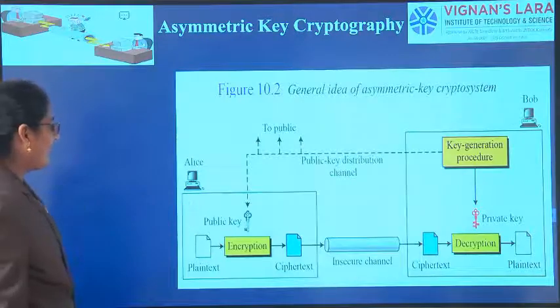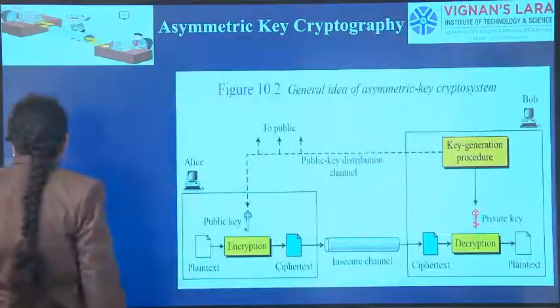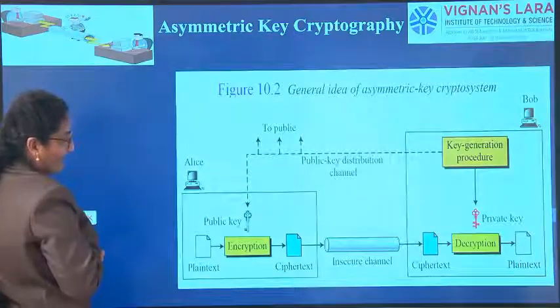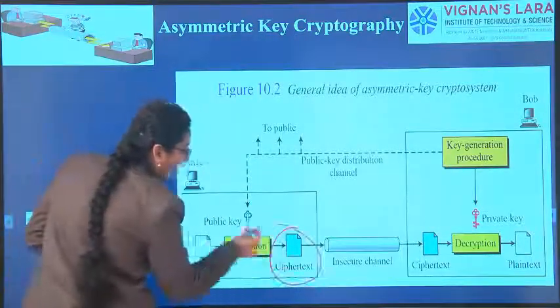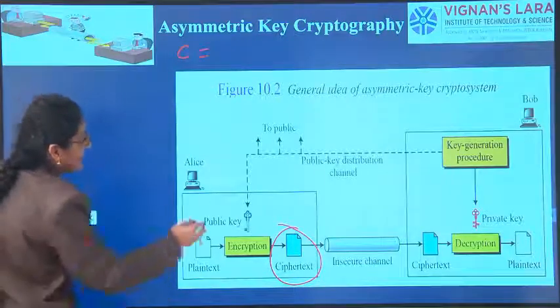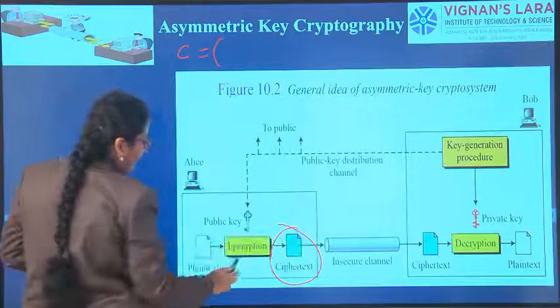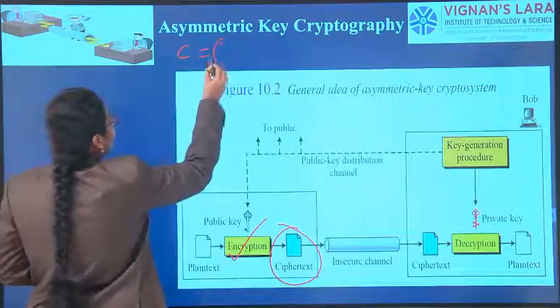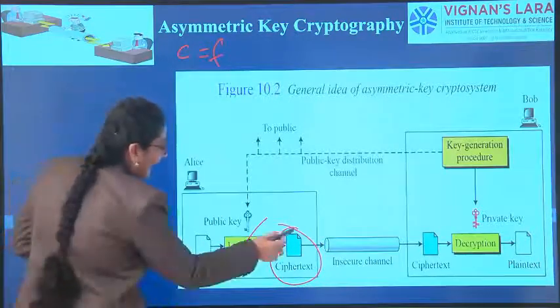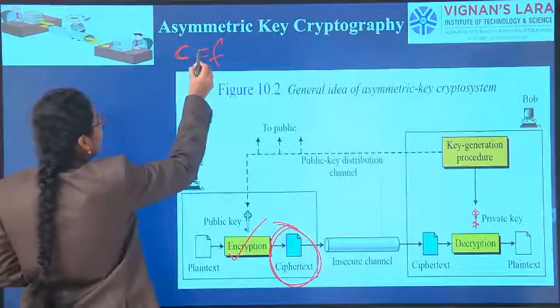We get them from the diagram. I want ciphertext. Ciphertext is represented with C.